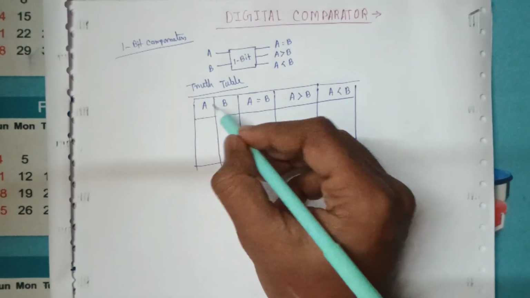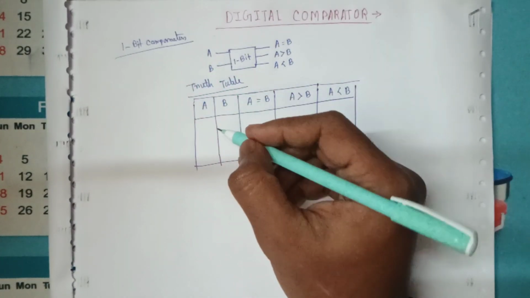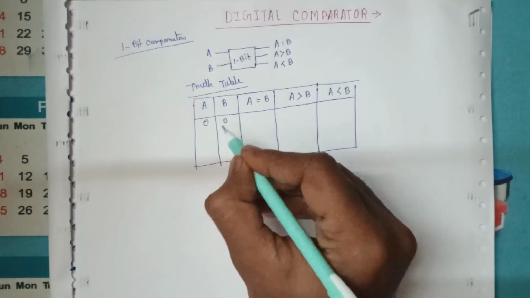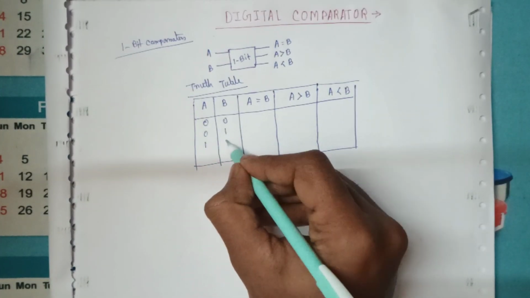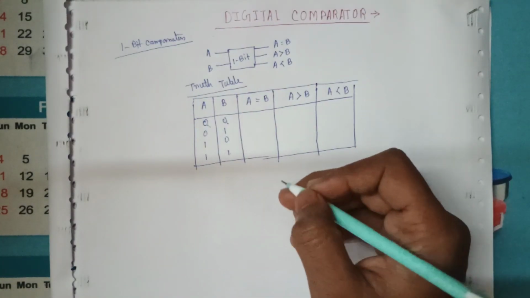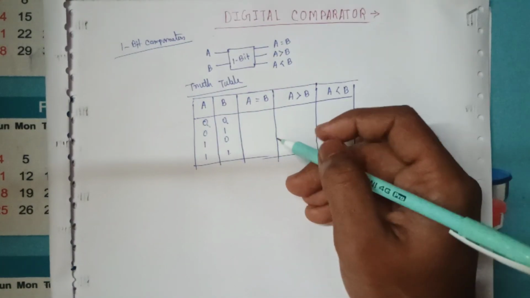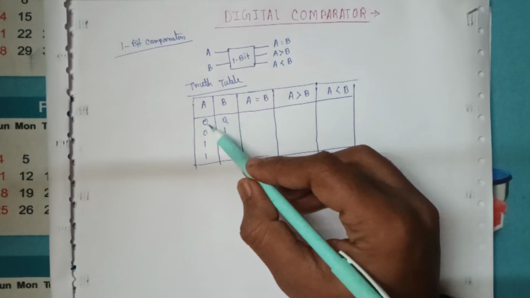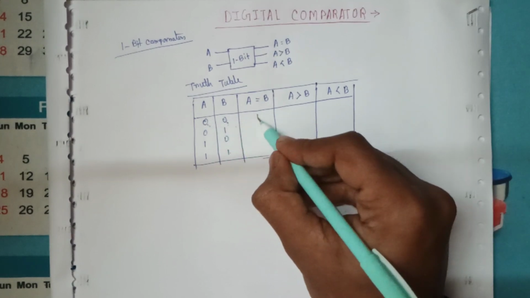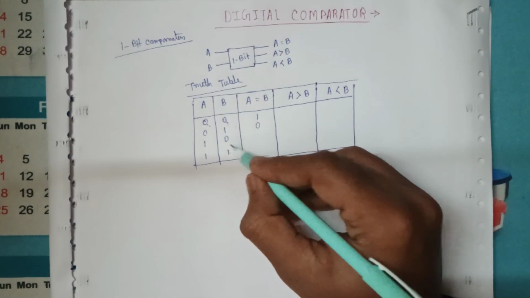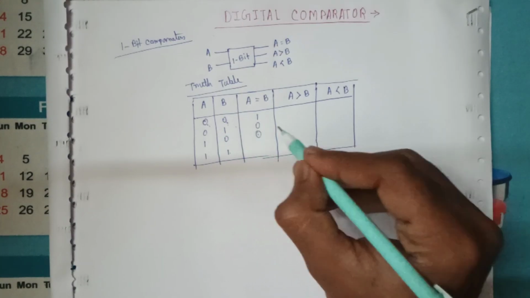As we are comparing two numbers with 1 bit, so the rows will be 4. 0 0, 0 1, 1 0, 1 1. Now we have to check which conditions are true and which are false. So for the first case, 0 equals to 0, this is true, so 1. The second case, that is false. Also for the third case, that is false.